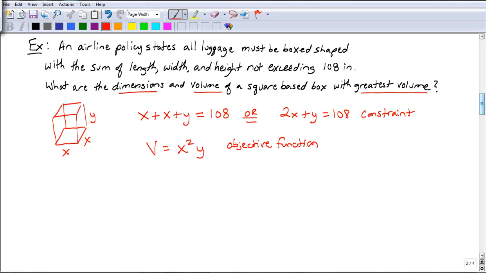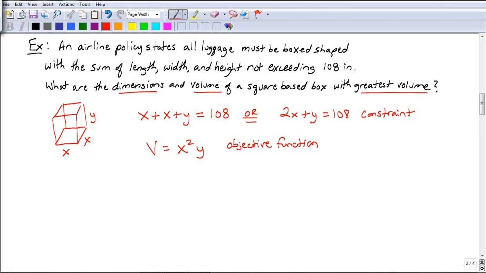And we can think about what can be true here for the sides length, width, and height. The sides of this box have to be bigger than 0, and they have to be less than 108 inches for these all to add up to that. We'll look at our interval in a minute.